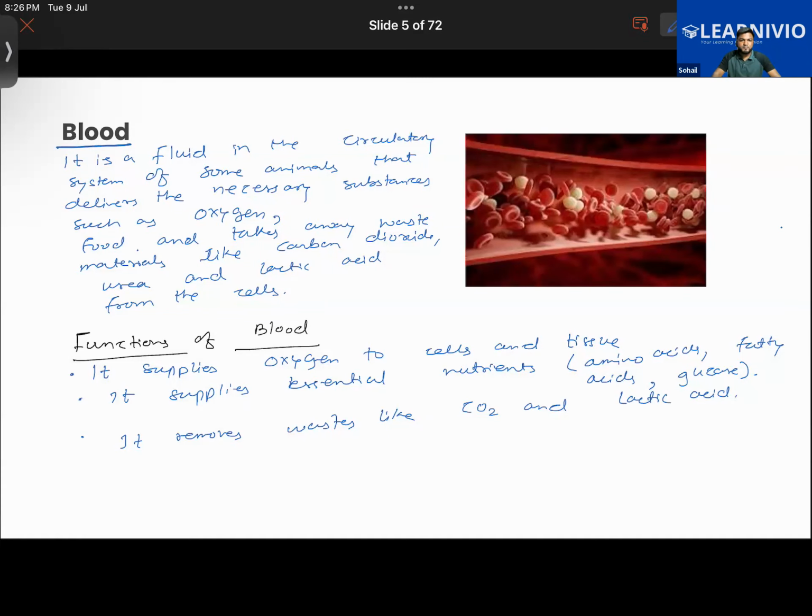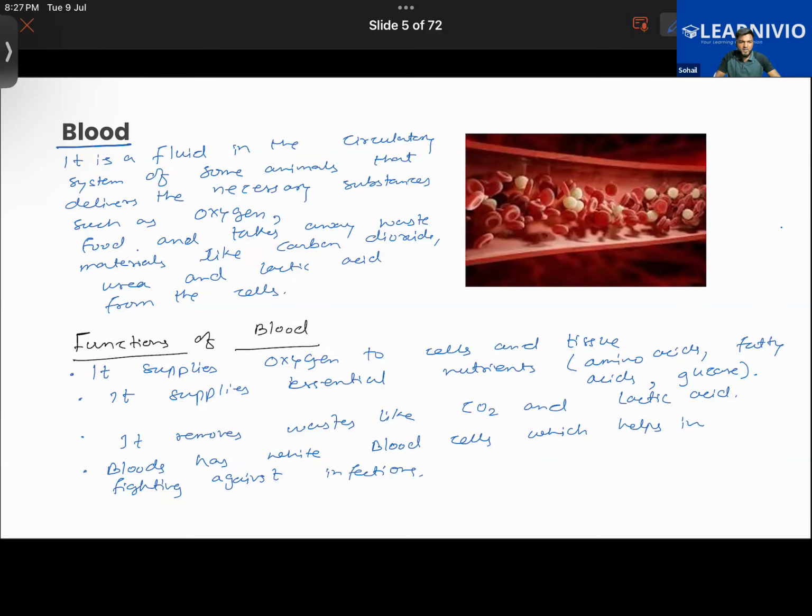Then another thing is that blood has white blood cells, which help in fighting against infections.